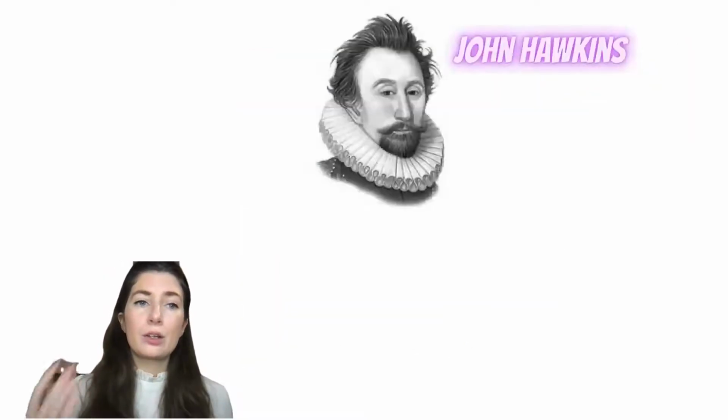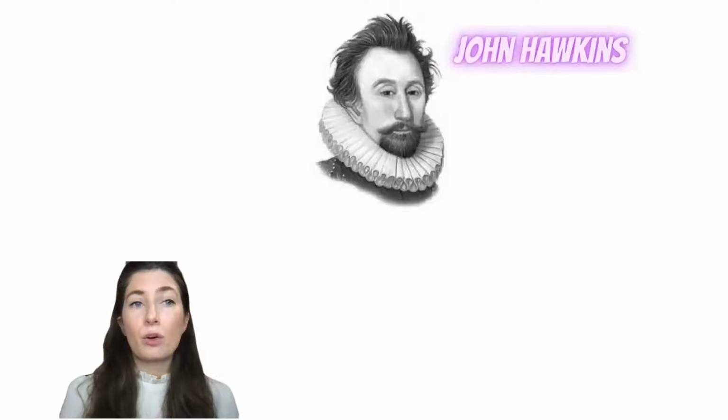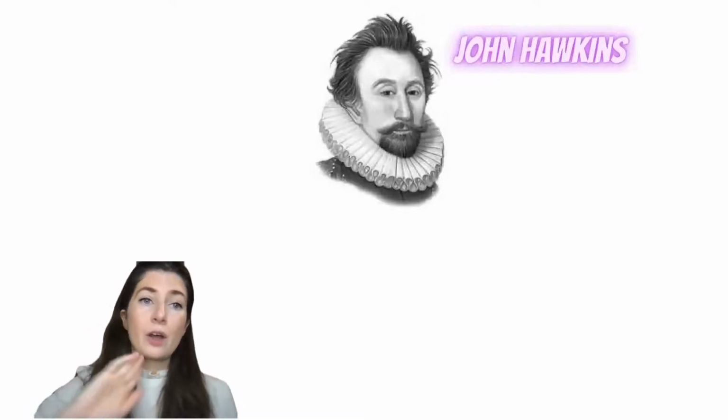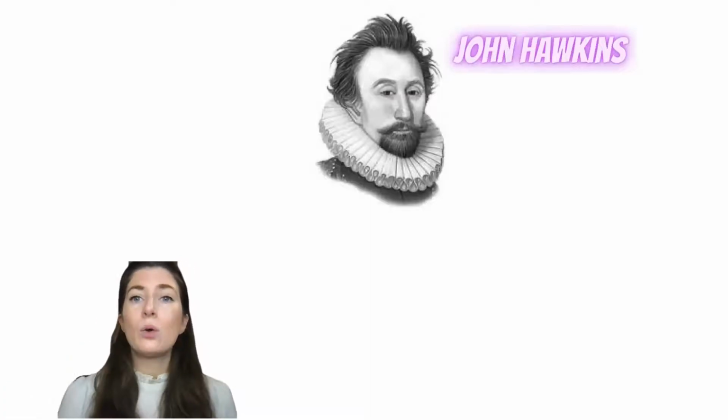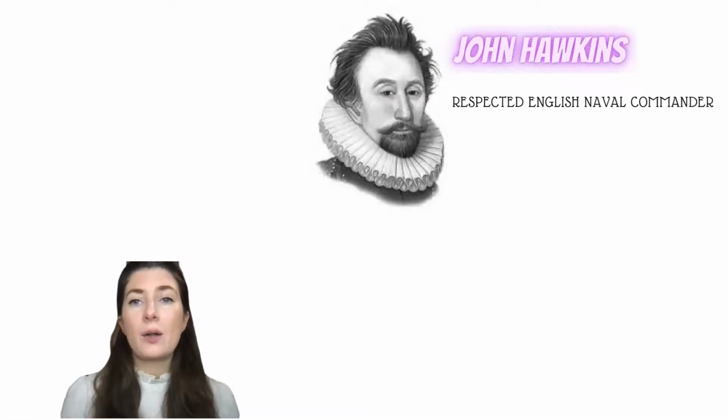Now, during this time, there were a number of people who were very important to this English sea travel. The first being John Hawkins. Now, Hawkins was a respected naval commander, merchant, privateer, and pirate. Remember the difference between a pirate and a privateer. A pirate is somebody who is not sanctioned by the monarch.